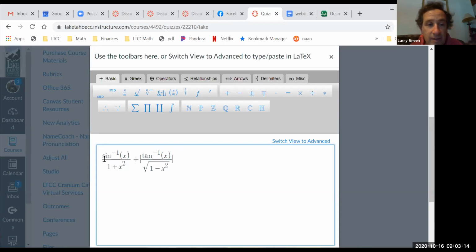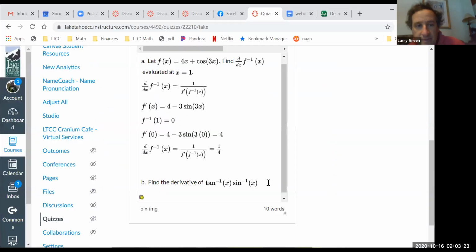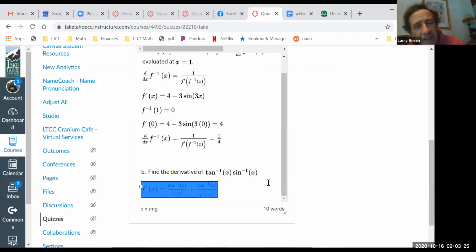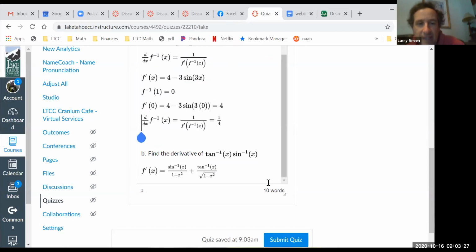And that's the derivative. So f prime of x equals. Again, I don't think there's really any work to show, but I can definitely spend time explaining it. Are there any questions on figuring out the derivative of the inverse tangent of x times the inverse sine of x?